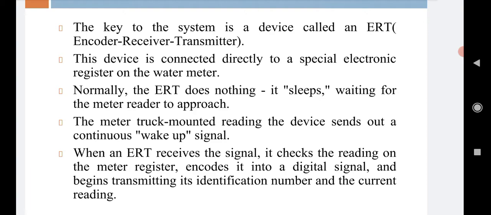Normally the ERT does nothing, it sleeps waiting for the meter reading truck to approach. The truck-mounted reader sends out continuous wake up signals. When an ERT receives the signals, it checks the reading on the meter register, encodes it into a digital signal and begins transmitting its identification number and the current reading.